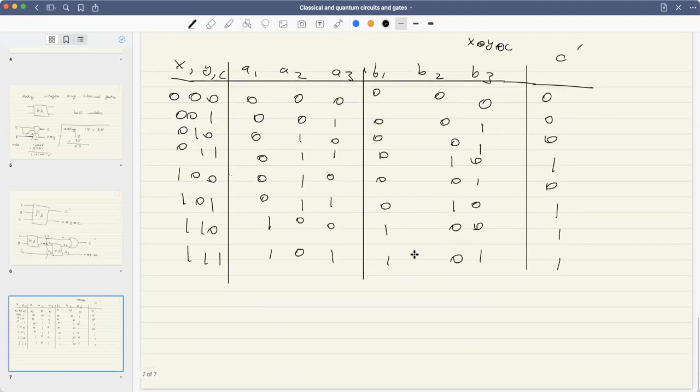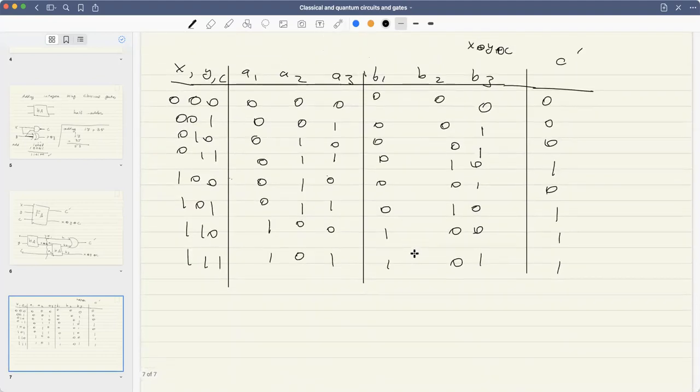So from the full adder, now suppose we have two arbitrary integers. We represent them as binary numbers in terms of a bunch of digits.